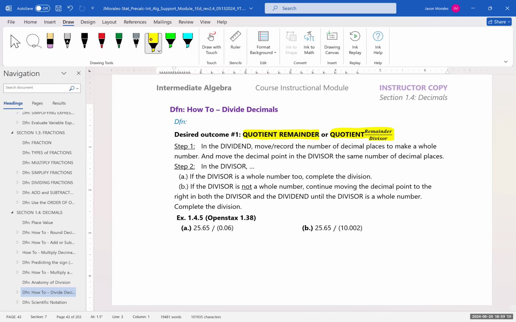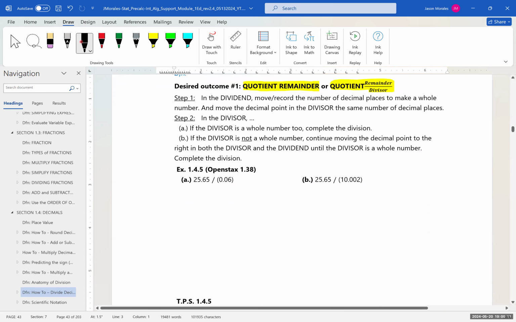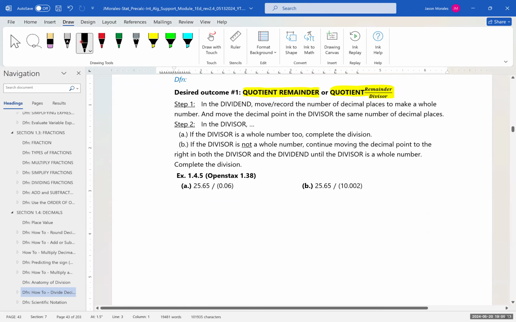So I've got step one and step two, but I think I'll read step one and step two as I go through the example itself. So first, let's look at example part A. This is going to be 0.06 divided into 25.65.